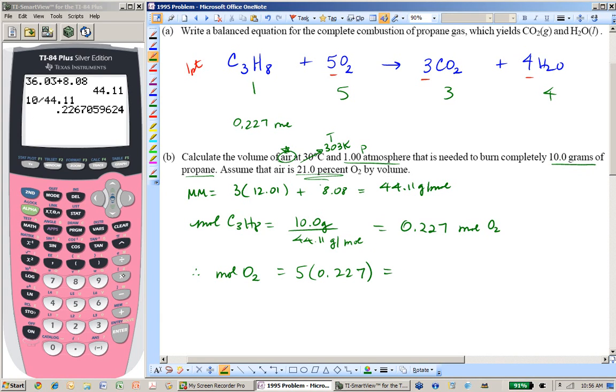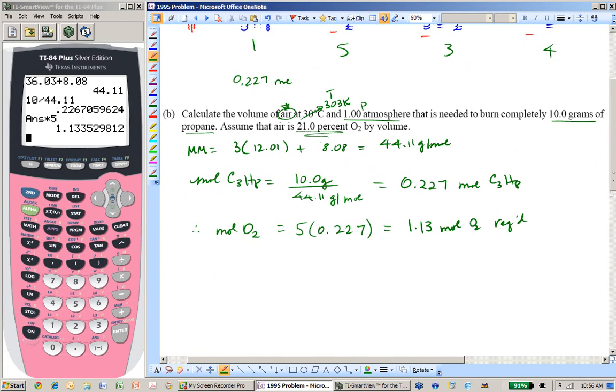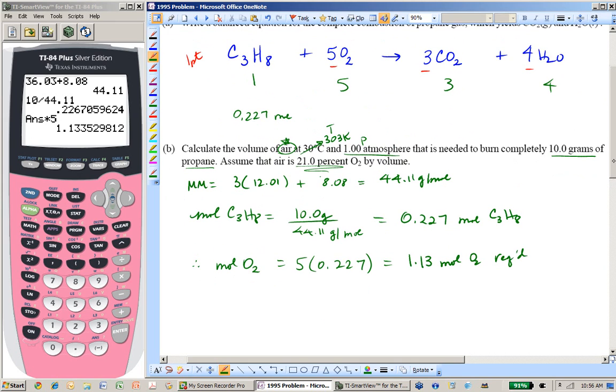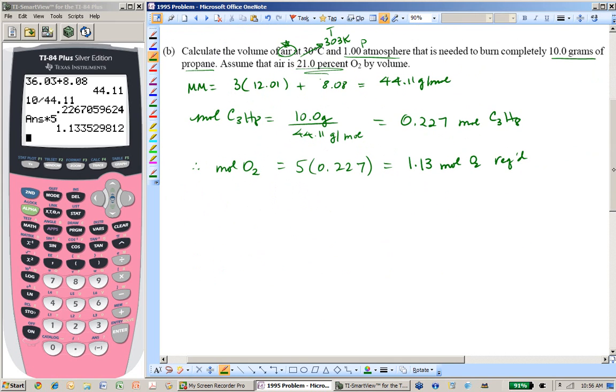All right, so multiply what I got in my calculator by 5. And that's going to be the moles of propane required. Oh, this was propane. Sorry, that's what's messing me up. Please forgive. That could have led you astray. So now I'm looking for moles of oxygen. 5 times as much, sitting in the calculator, 1.13. That's what's required to burn up, to combust completely, that 0.227 moles of C3H8.